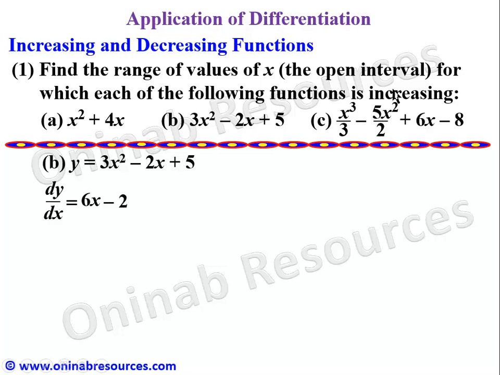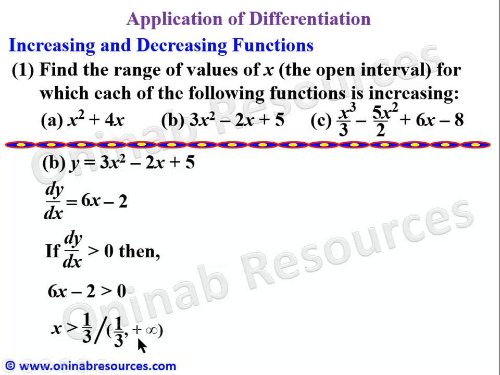Since we are looking for the interval for which the function is increasing, if dy/dx is greater than 0, then 6x minus 2 is greater than 0. Taking the negative 2 to the right hand side, it becomes positive, dividing by 6, x is greater than 1 over 3, which can also be stated as 1 over 3 comma positive infinity.